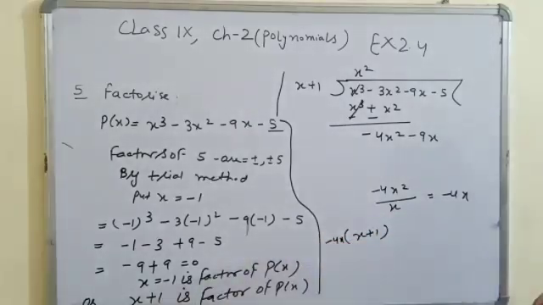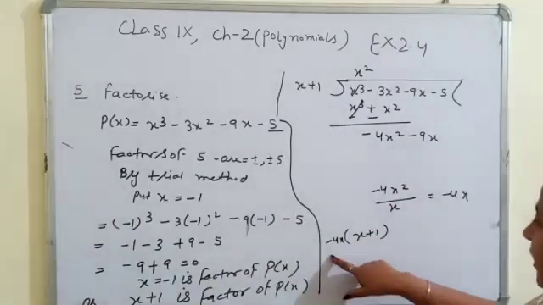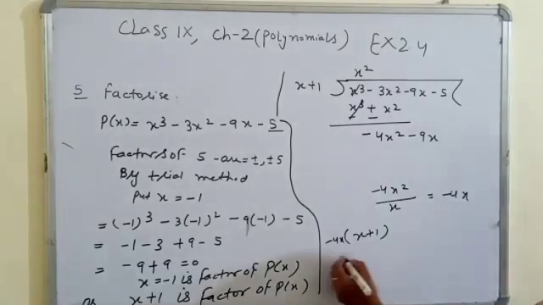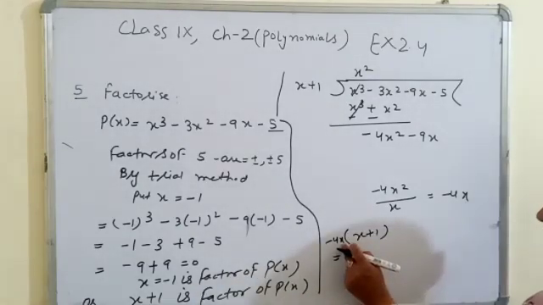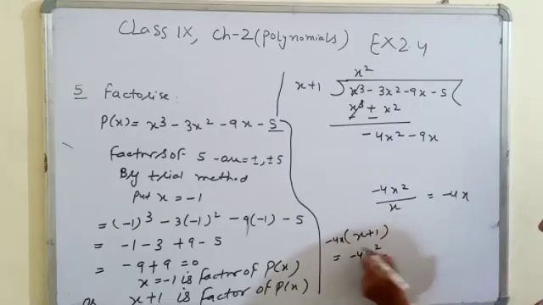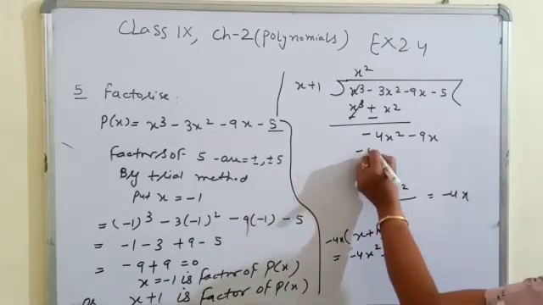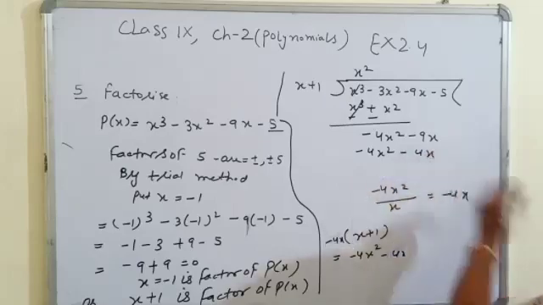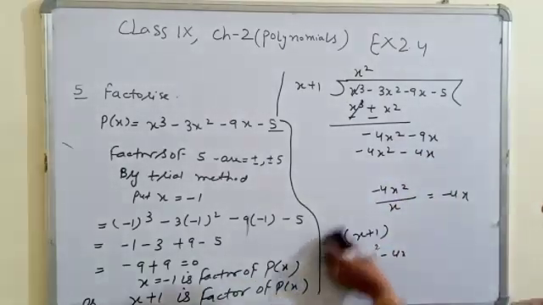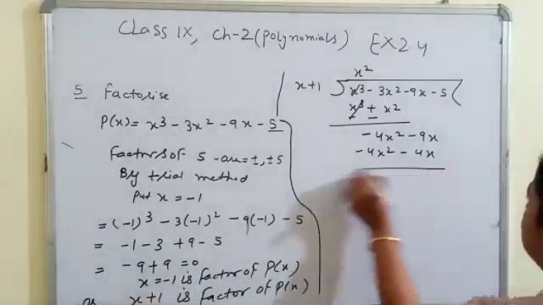So we will multiply the divisor x plus 1 by minus 4x. In class 8 you have already done algebraic division. Minus 4x times x is minus 4x square, and minus 4x times 1 is minus 4x, so write it here: minus 4x square minus 4x. Again do the subtraction. For subtraction we change the sign.